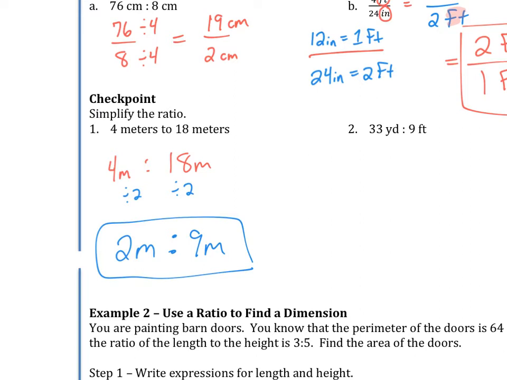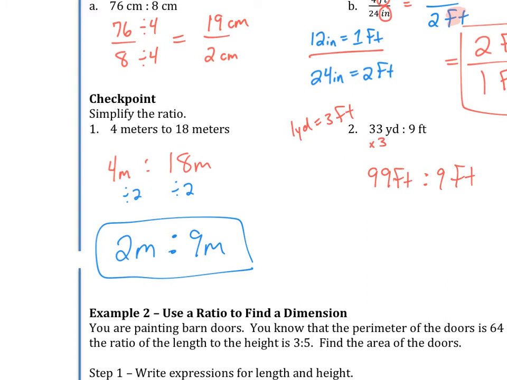Then number 2, we have 33 yards to 9 feet. We know that 1 yard is equal to 3 feet. So we can either change the yards into feet or the feet into yards. If 1 yard is 3 feet, to change 33 yards into feet, we multiply by 3, and you would get 99 feet to 9 feet.